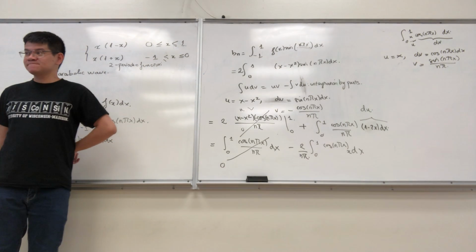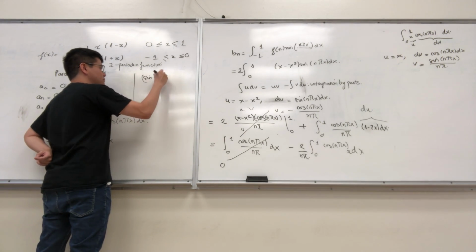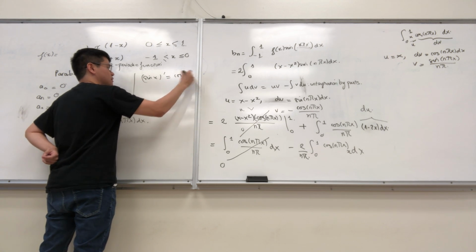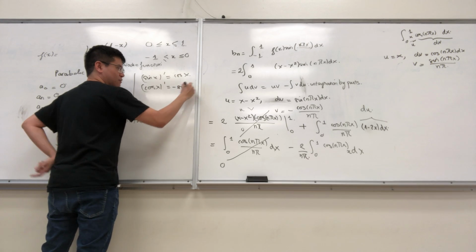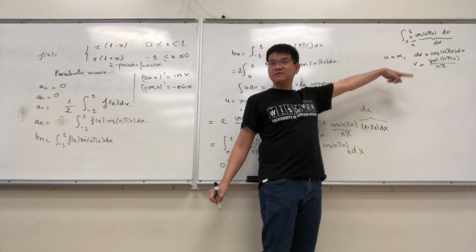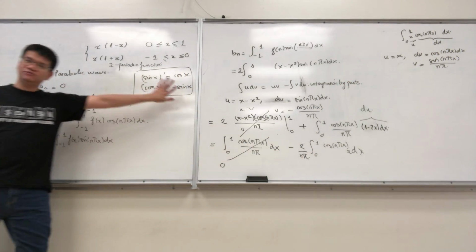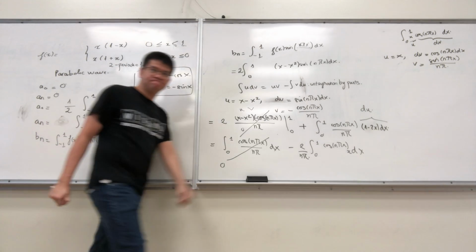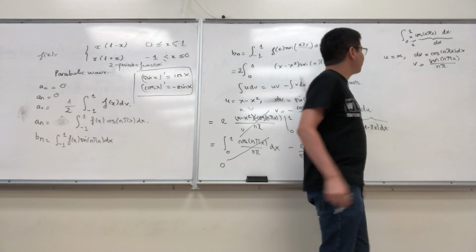A reminder: the derivative of sine is cosine, but the derivative of cosine is minus sine. This is why here I have a minus, and here I don't have any minus. This is the formula that we need to keep in mind. Is it clear? Questions?